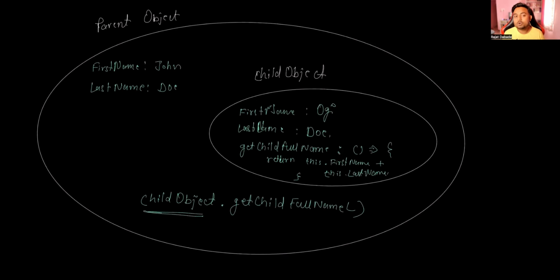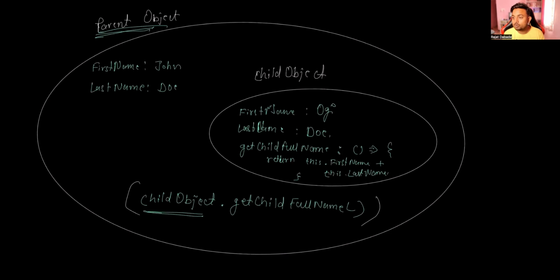But from where has it been called? It has been called from inside the parent object, right? So if you use this keyword in an arrow function, it will refer to the surrounding context, the context from where it has been called. It has been called from the parent object, so the context is the parent object.